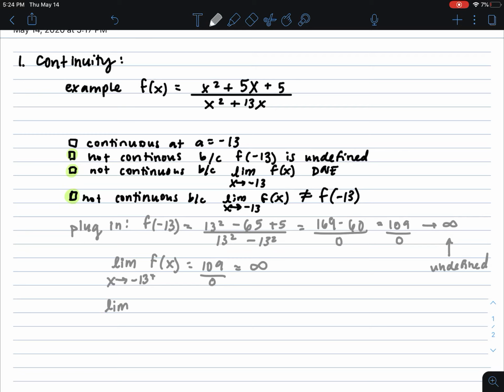If we approach the limit as x goes to negative 13 from the negative side, we get 109 over 0. But it's actually going to be negative because this denominator will be a negative number. If we plug in a number bigger than negative 13, then this will be a negative number.